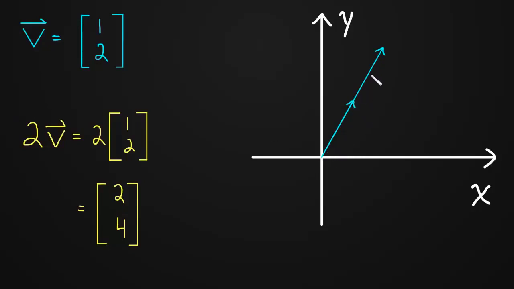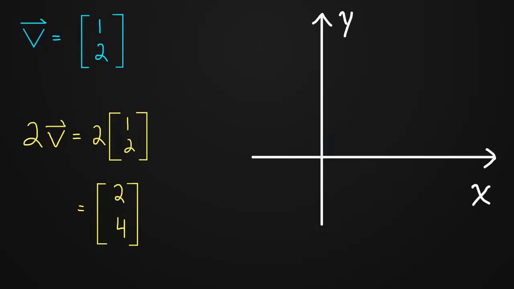You can see there's v, and when we multiply by 2, it changes the length by a factor of 2. Okay, there's nothing fancy about that. We could also check out what happens when we take v and multiply by a half. It makes it half as long.